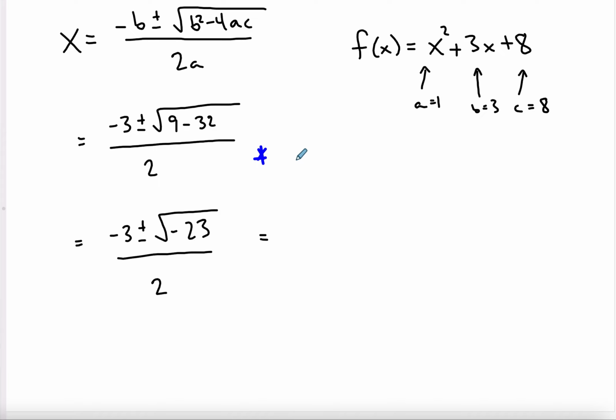We remember, if we have a negative under the square root, in this case the square root of negative 23, that's the same as the square root of negative 1 times the square root of positive 23. Remember, the square root of negative 1 is i, so we have i times the square root of 23.